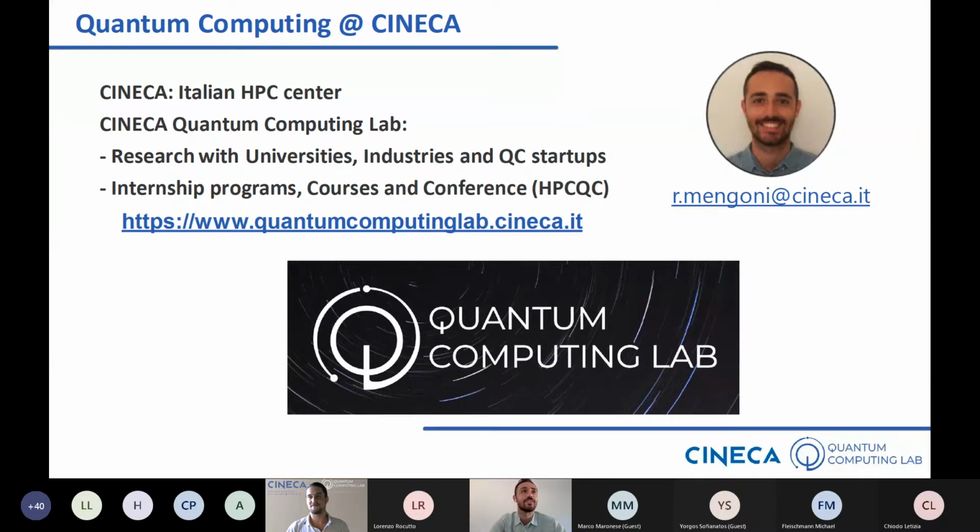So let's go on. I was saying something about our quantum computing lab. What we do is research. We collaborate with research universities, industries, and also quantum computing startups, and we also provide internships and courses like this one.